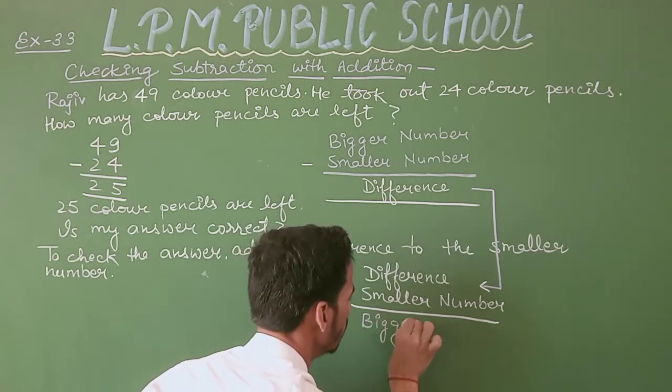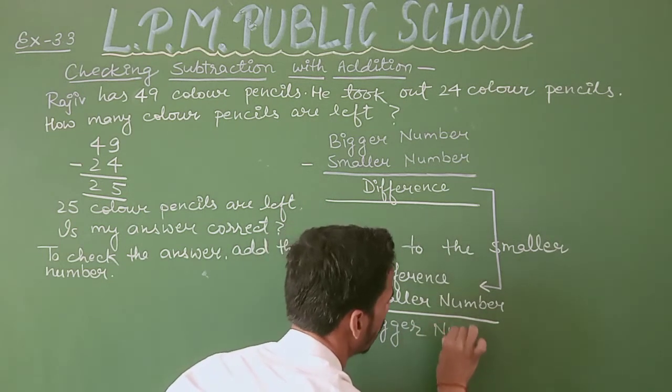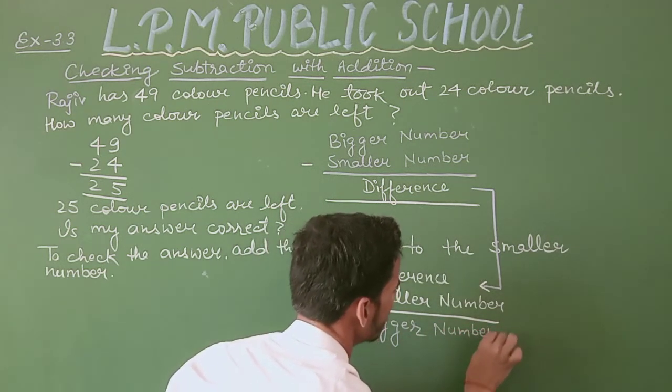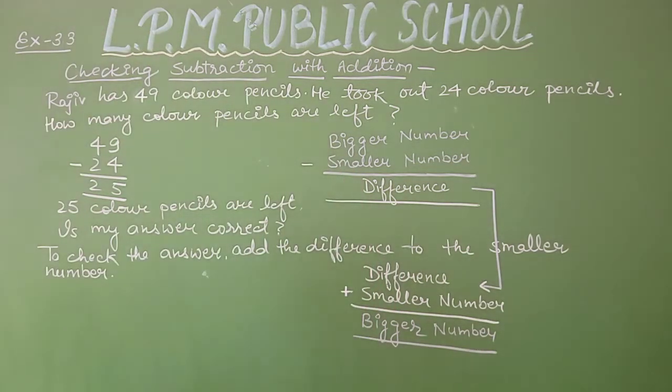When we add the difference and the smaller number, the sum will be equal to the bigger number. Okay, so let's check the answer.